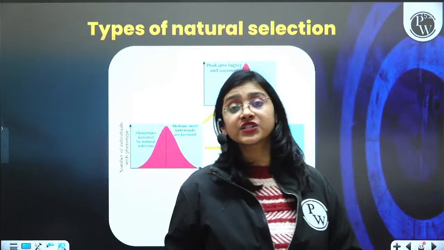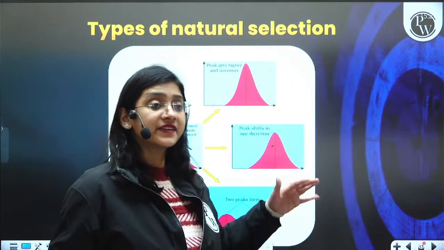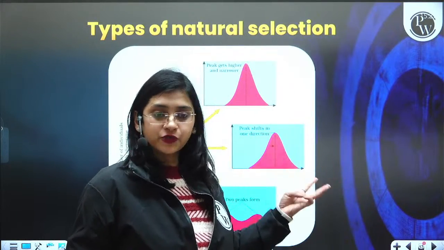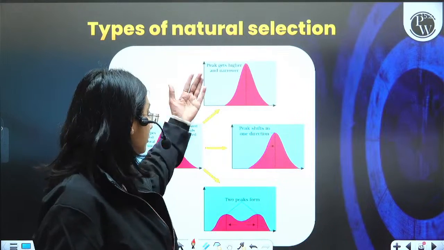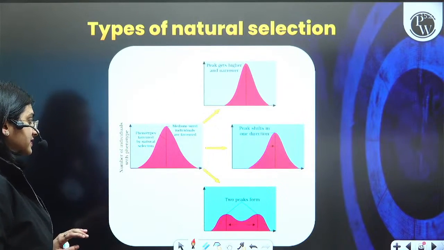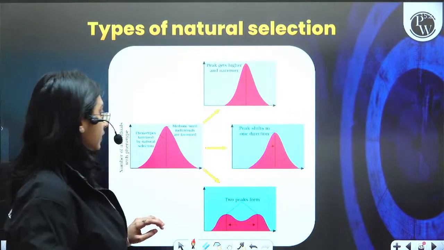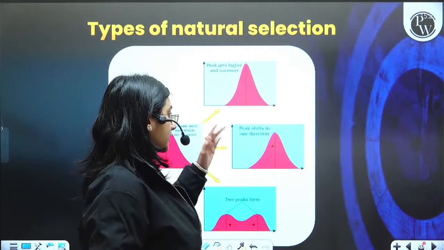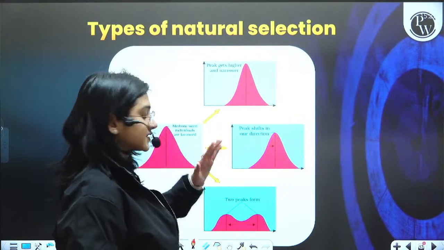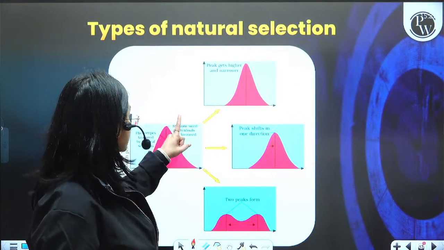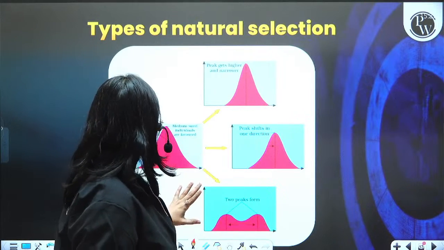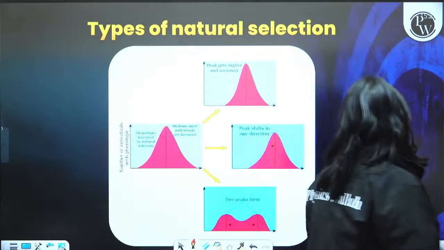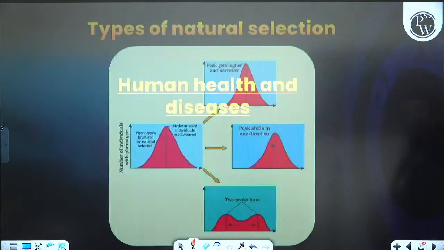Either they'll ask you to explain or differentiate 3 types of selection. So you will be explaining these 3 diagrams. Okay. Stabilization, directional and disruptive selection. Okay. So only one diagram I have mentioned.